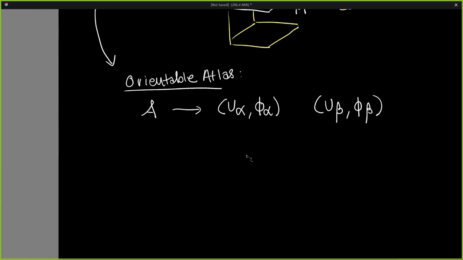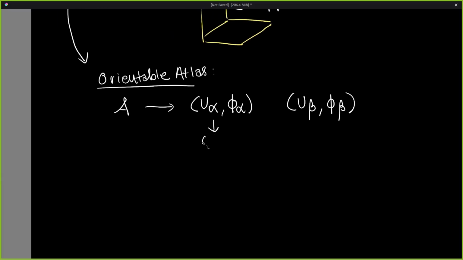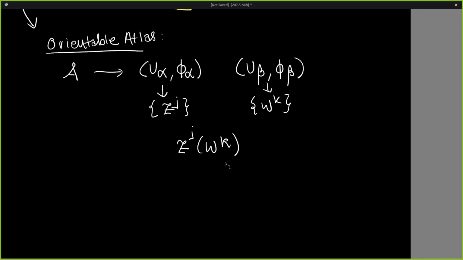So an orientable atlas is this: if we have local coordinates on these, let's say these are z_j and these are w_k, then we know that we're going to have this transition function, right? z_j of w_k, or vice versa.